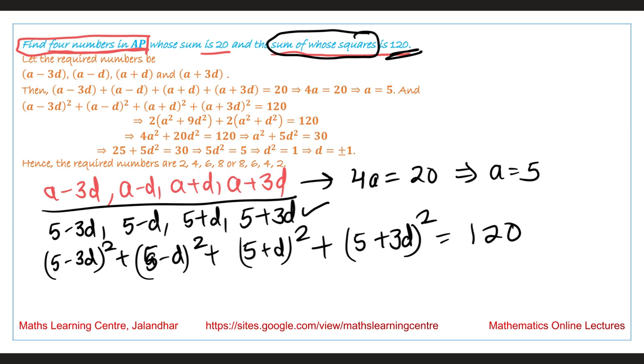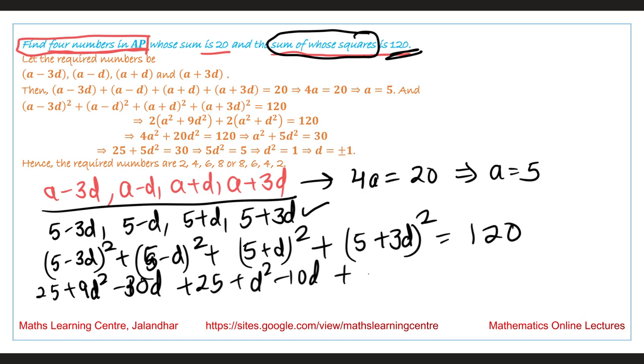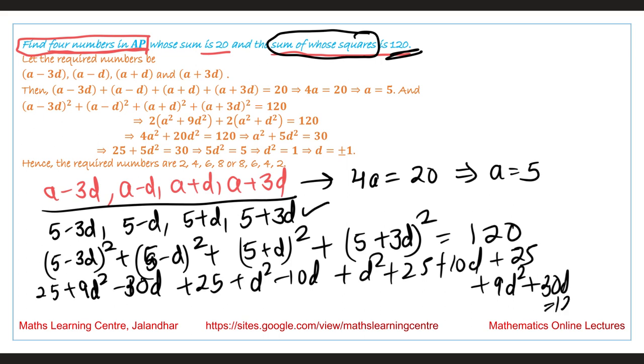Now if we solve this, we will obtain 25 plus 9d squared minus 30d, then plus 25 plus d squared minus 10d, then plus 25 plus d squared plus 10d, and plus 25 plus 9d squared plus 30d is equal to 120.